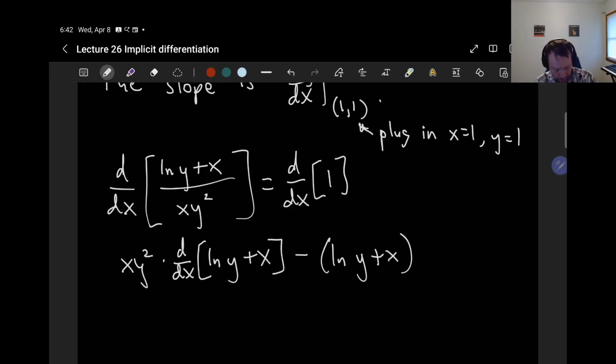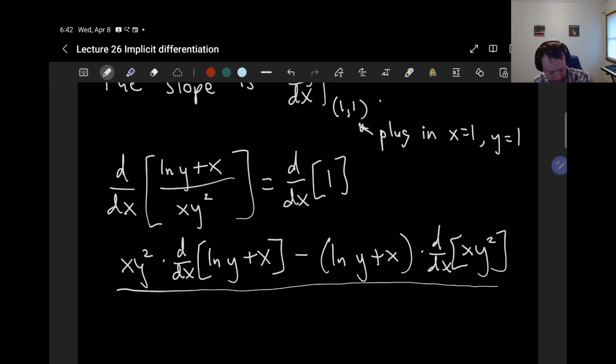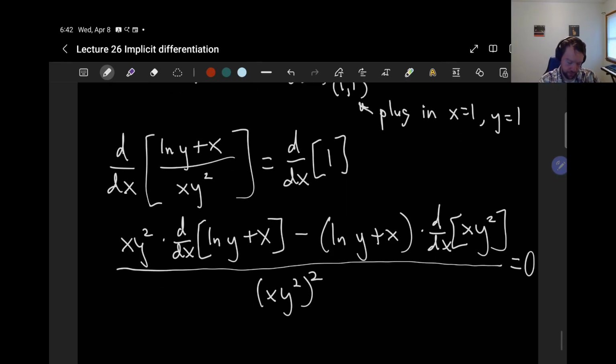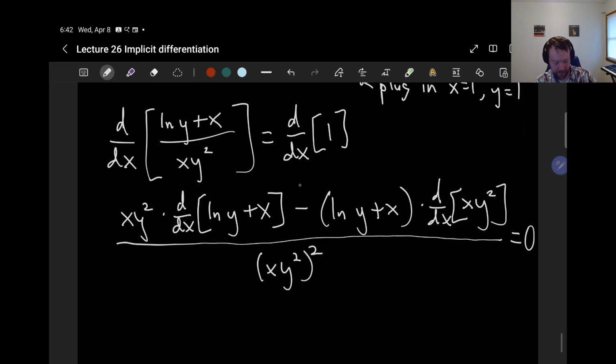So that thing times the derivative of the denominator. I'm also going to wait to calculate that in a minute. Over low squared equals 0, as that's the derivative of 1.